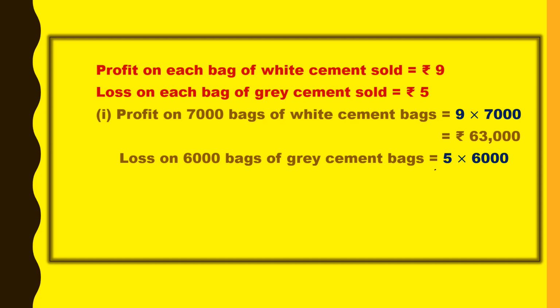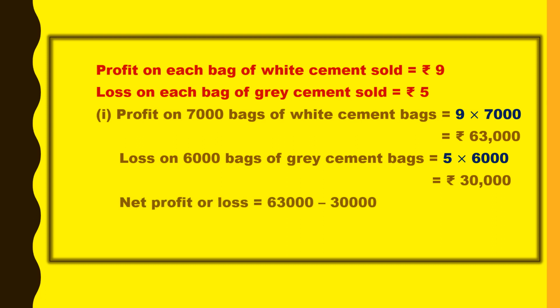Each bag's loss is 5 rupees, so 5 into 6,000 is 30,000 rupees. If you compare these two, profit is more than loss, so the company will be in profit. The net profit or loss is profit minus loss, so it is 33,000 profit.